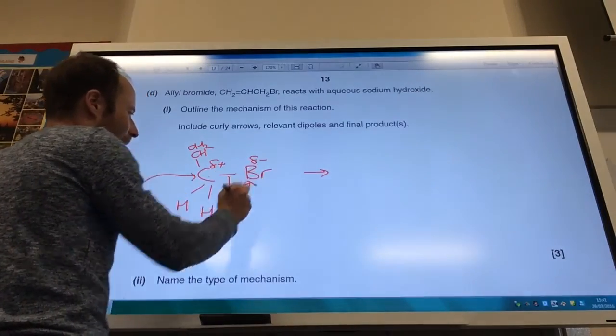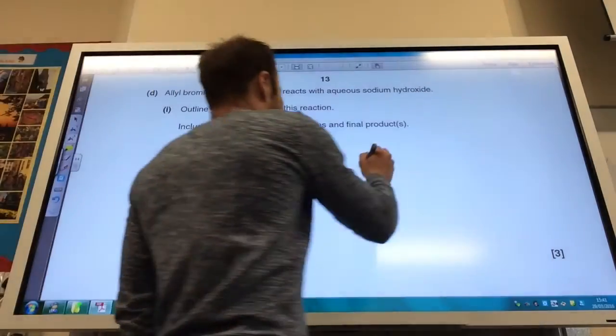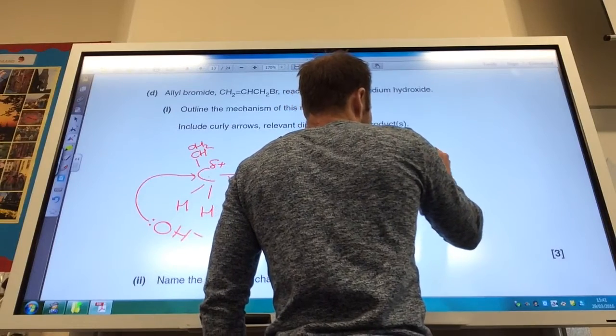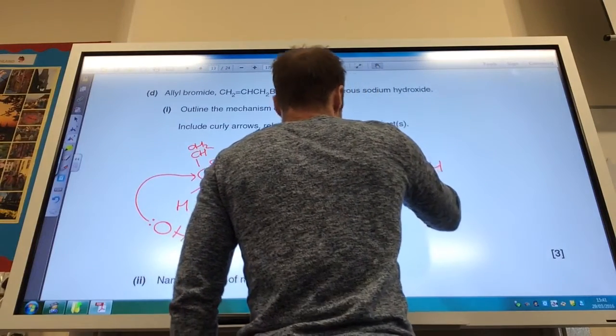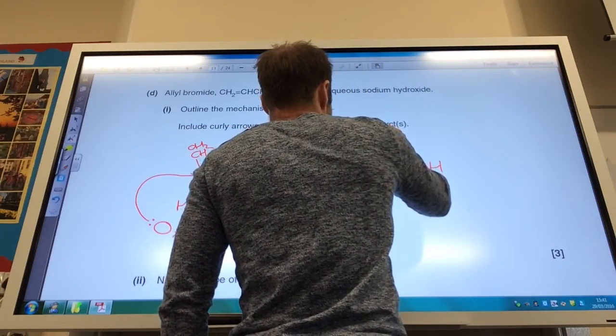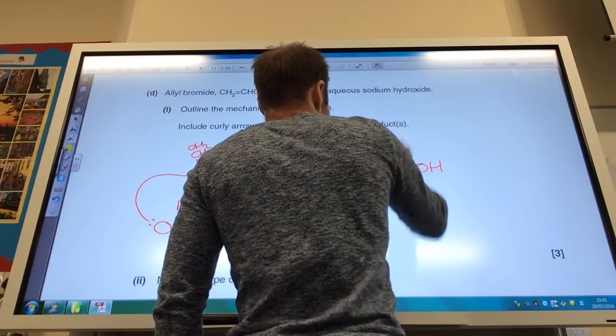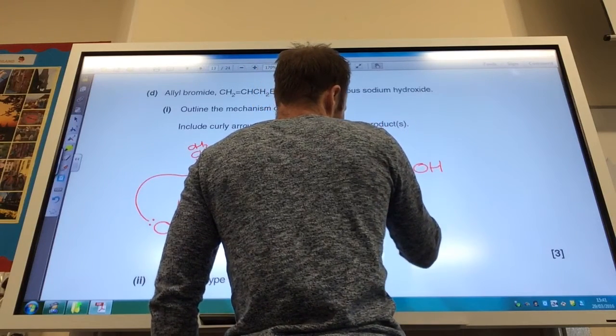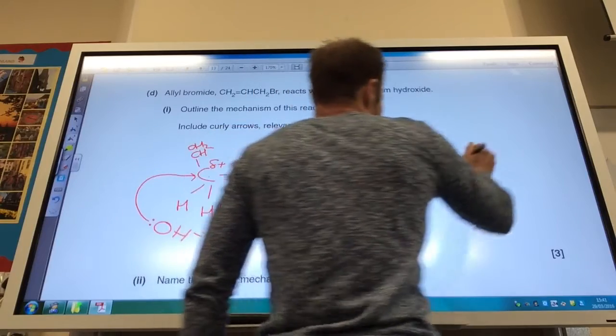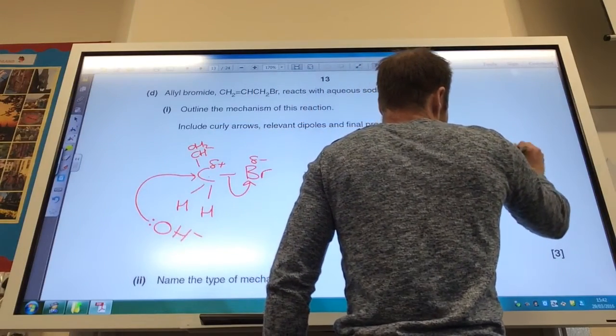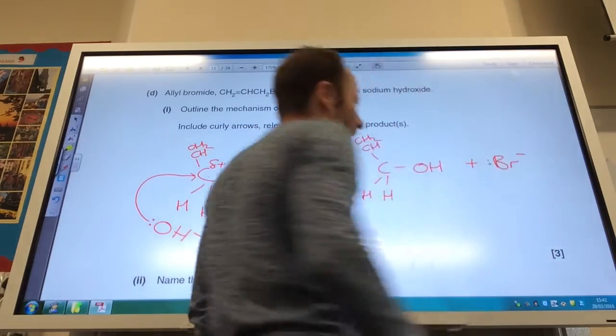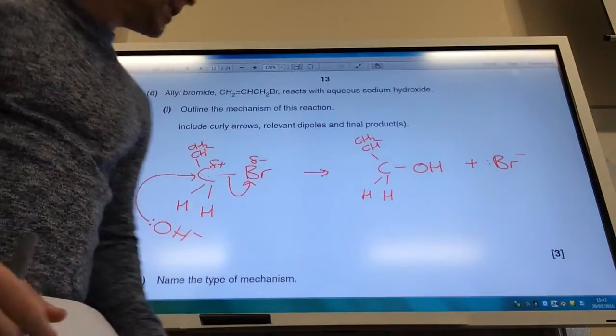It means that bond has got to break there, and I replace the bromine with hydroxide. The rest stays the same, so that's CH2, and then I have 2 H's coming off, and obviously I'm also going to make my Br minus ion, like so.